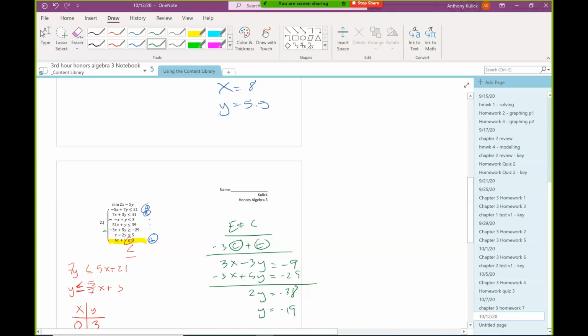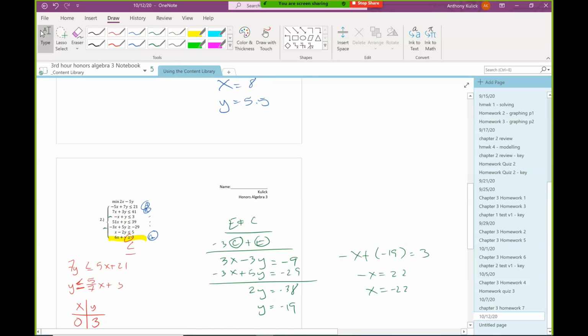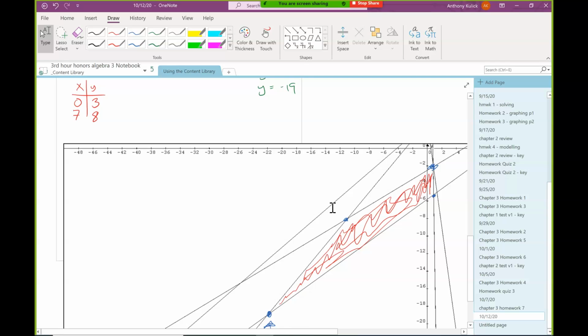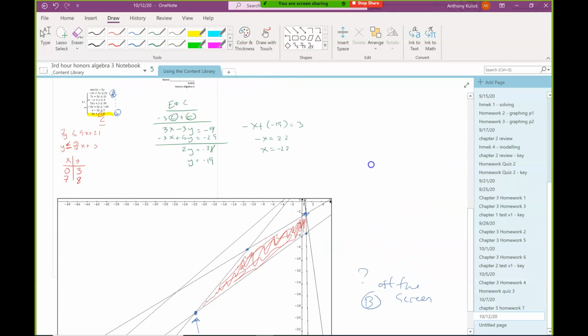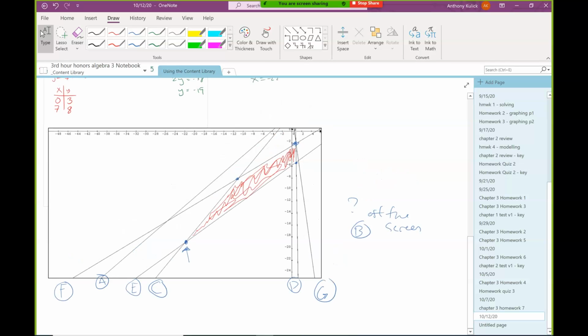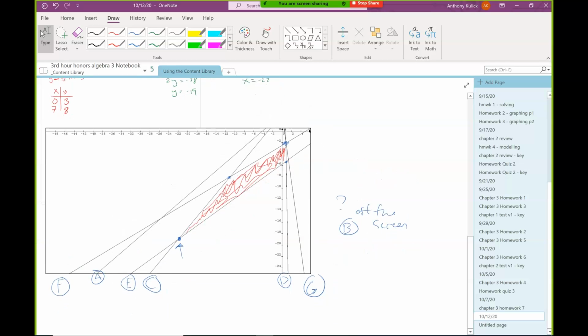So y is equal to -19. And when I plug that back in, that was -22, -19.